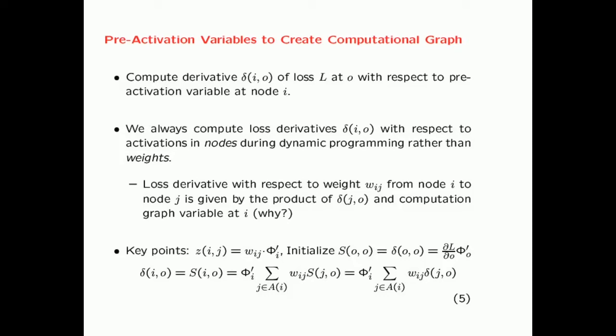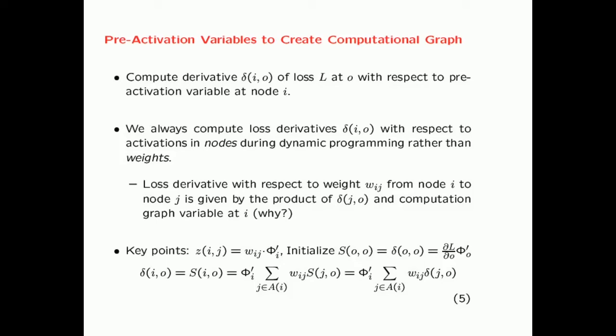So in the pre-activation case, you want to compute delta_iO, which is the derivative of the loss L at O with respect to the pre-activation variable at node i. Now, one thing I want to point out is that in neural networks, you always compute the loss derivatives with respect to the intermediate node variables.